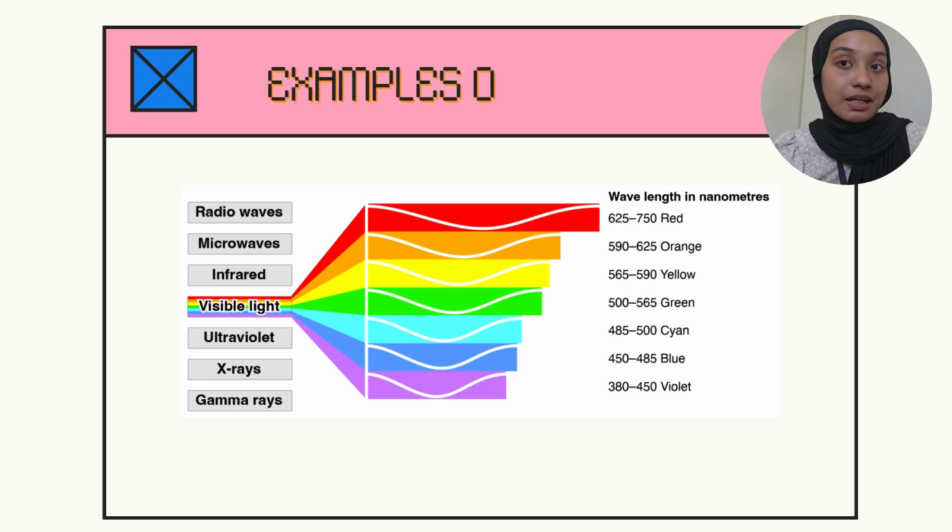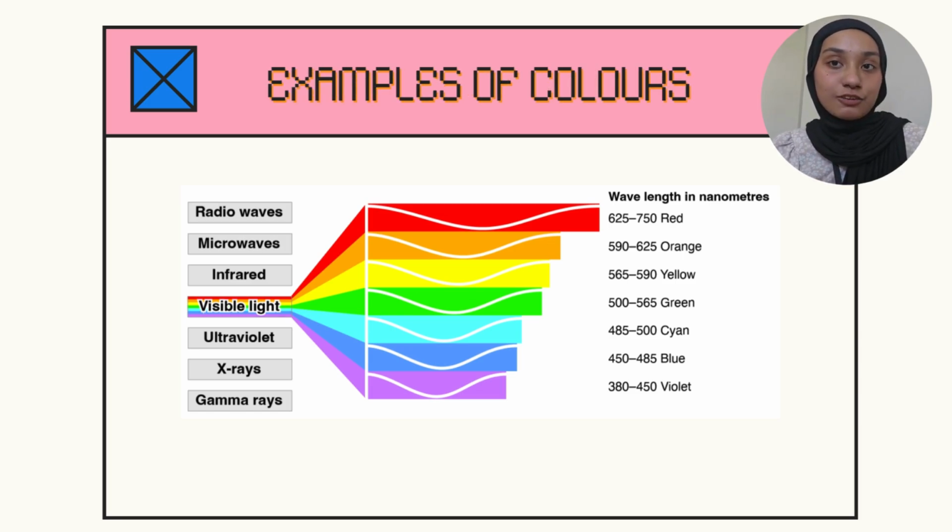Visible light is made up of different colors, each with a specific range of wavelength. At the shorter wavelength and higher energy end of the spectrum is violet, with wavelengths of approximately 380 to 450 nanometers. This is followed by blue light, which ranges from about 450 to 495 nanometers, and green light with wavelength between 495 and 570 nanometers.